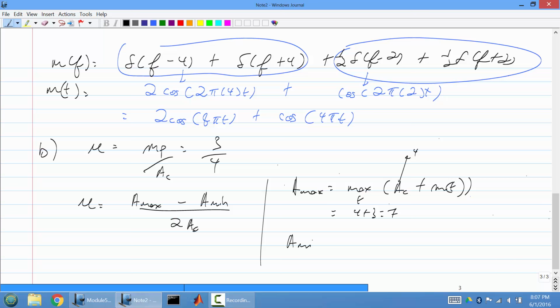The minimum is pretty much the same thing: the minimum value that we get when you add this with the carrier. Remember, this fluctuates between +2 and -2, and the next one fluctuates between +1 and -1. So we get to a point where it's -2 subtract 1, so this becomes -3. So we get 4 minus 3, which is 1.